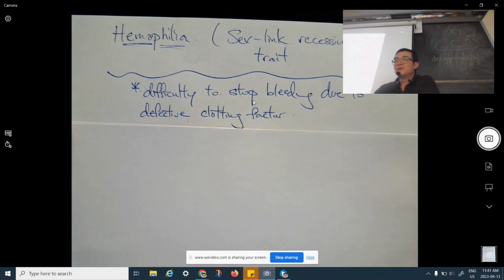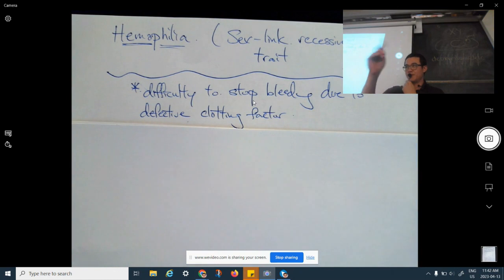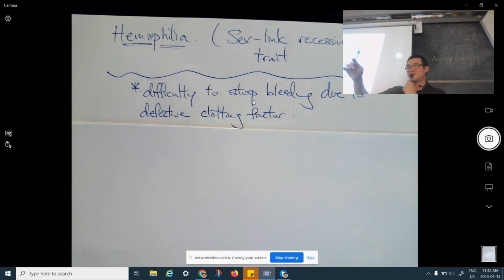I can't remember the names, but in World War II, someone's son had this, and then they were with Rasputin. Oh, okay, good. We'll mention that and link back. Someone got cut and then started bleeding like crazy.